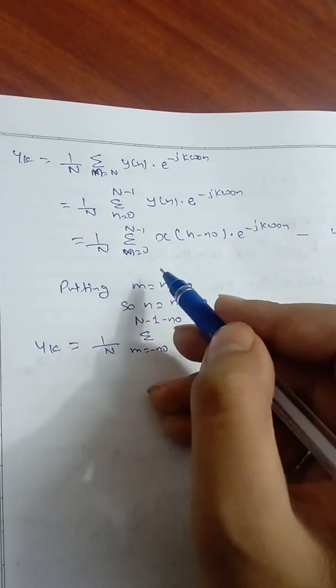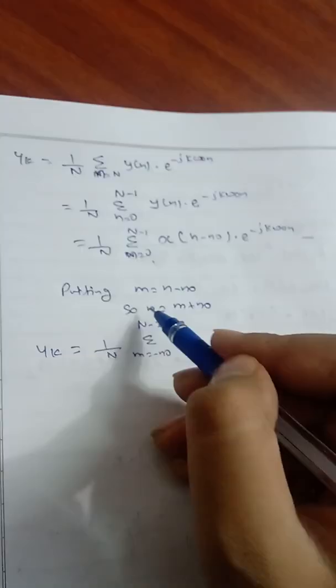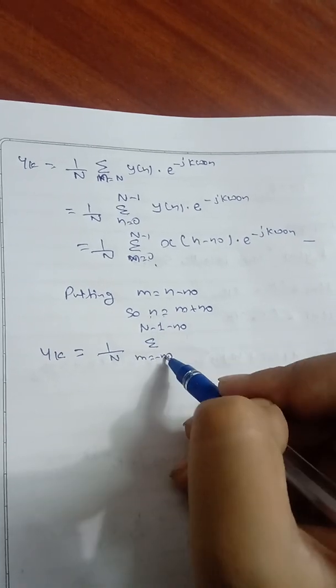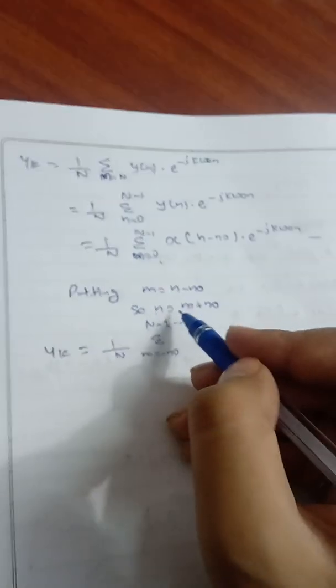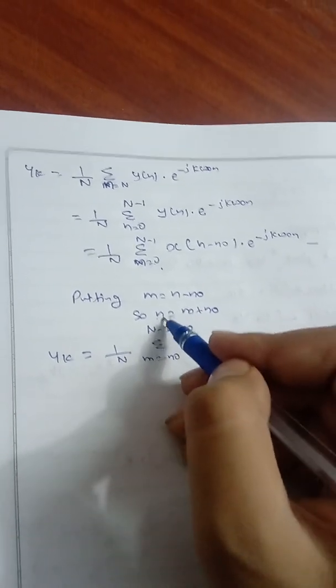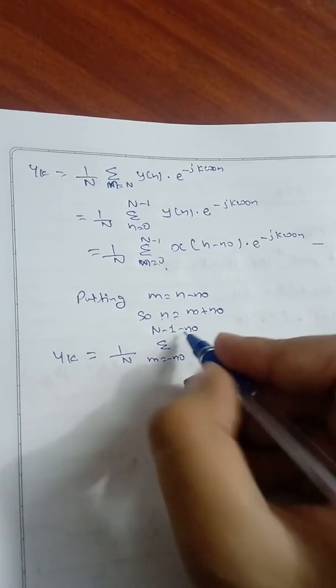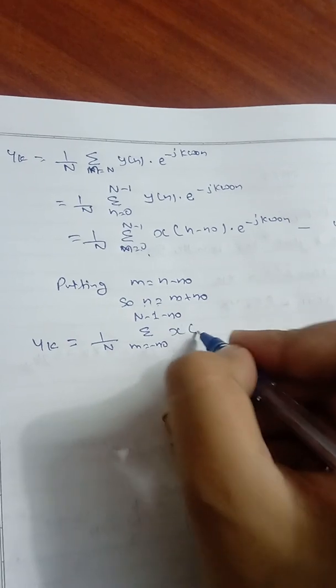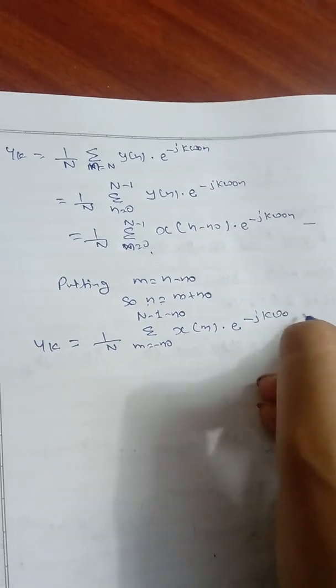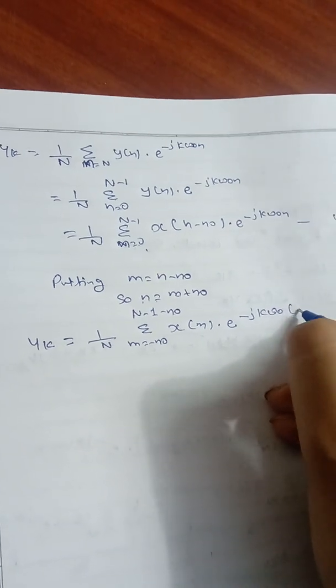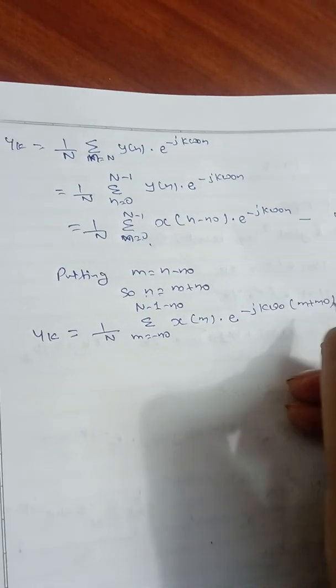Here, when we put n equals 0, m equals minus n naught. And similarly, for the value N minus 1, we get the limit of m as N minus 1 minus n naught. So x of m into e raised to the power minus j k omega naught, m plus n naught.